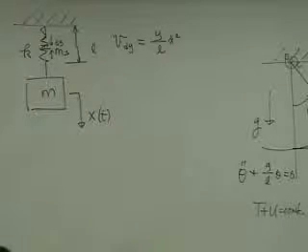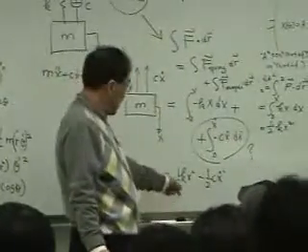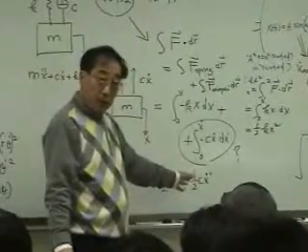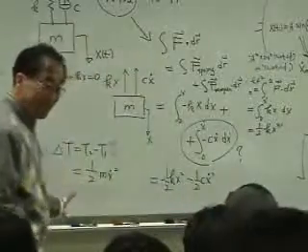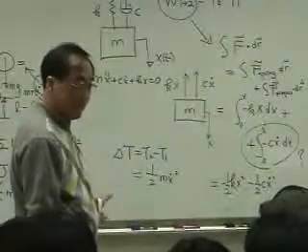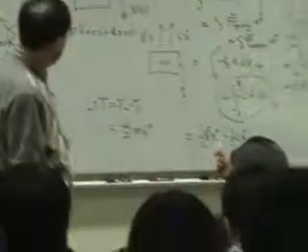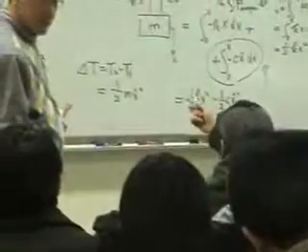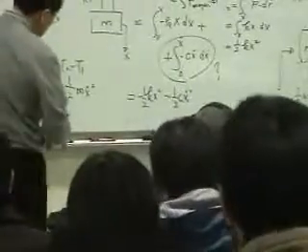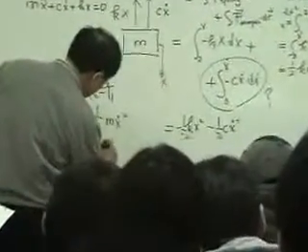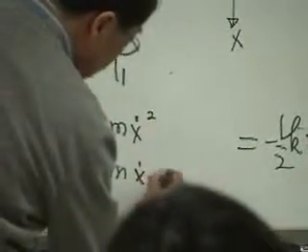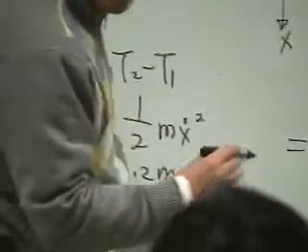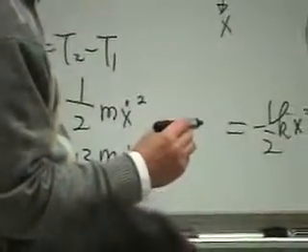This is equal to this, and we move this, and 1/2 m x dot squared plus 1/2 kx squared, and differentiate with respect to time. After differentiate, if I differentiate this, that is 1/2 2m x dot, right, and then x dot.